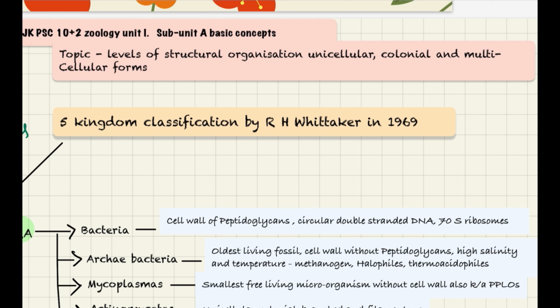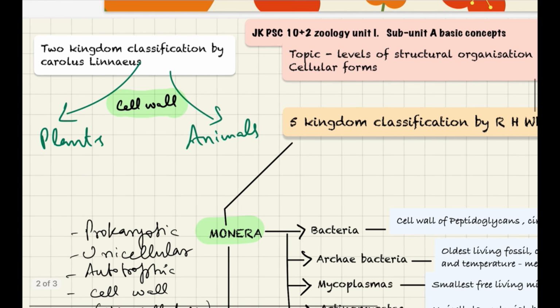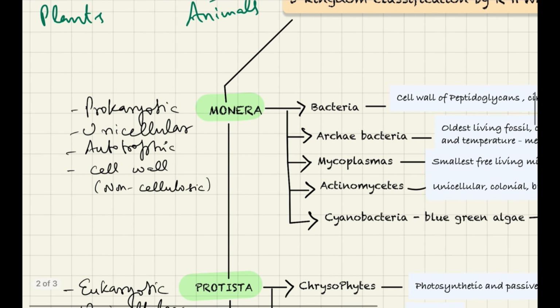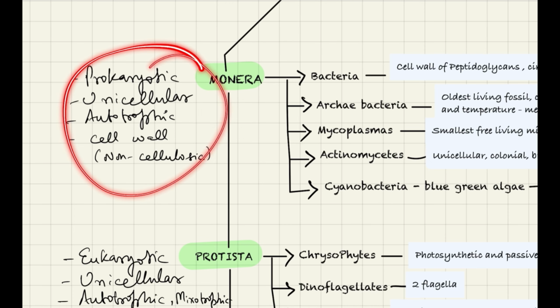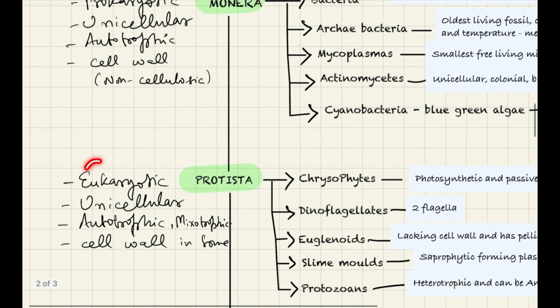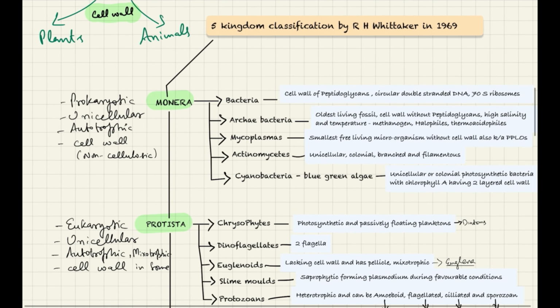So the best way to do this is to go through the various kingdom classifications. Mostly we put more emphasis on certain points, but we drop the detailing from where questions actually come.